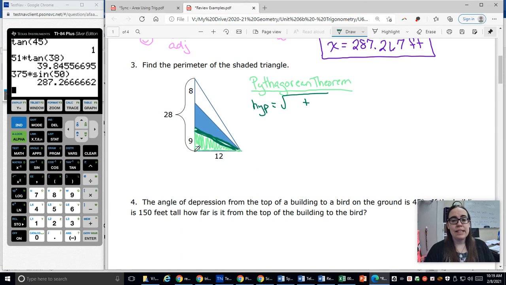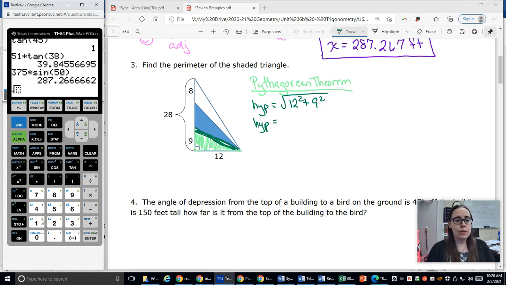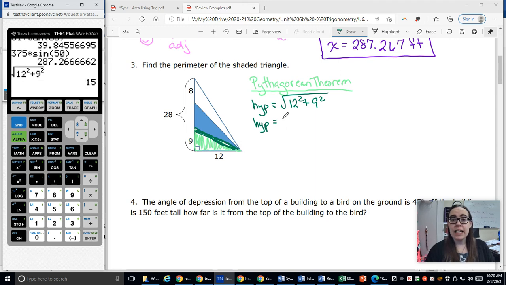My other 2 sides are my 9 and my 12. I usually put the bigger one in first, so 12 squared and 9 squared. So that hypotenuse of that light green triangle, I'm going to come over to my calculator and do the square root of 12 squared plus 9 squared, and that's going to give me 15.